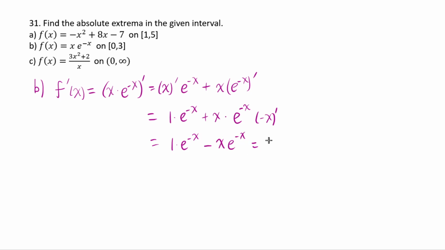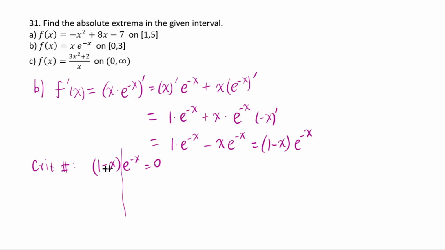And you really need to simplify, or else you wouldn't know when this is equal to 0. Okay, so now I need the critical number. In our case, it's when the derivative is equal to 0.